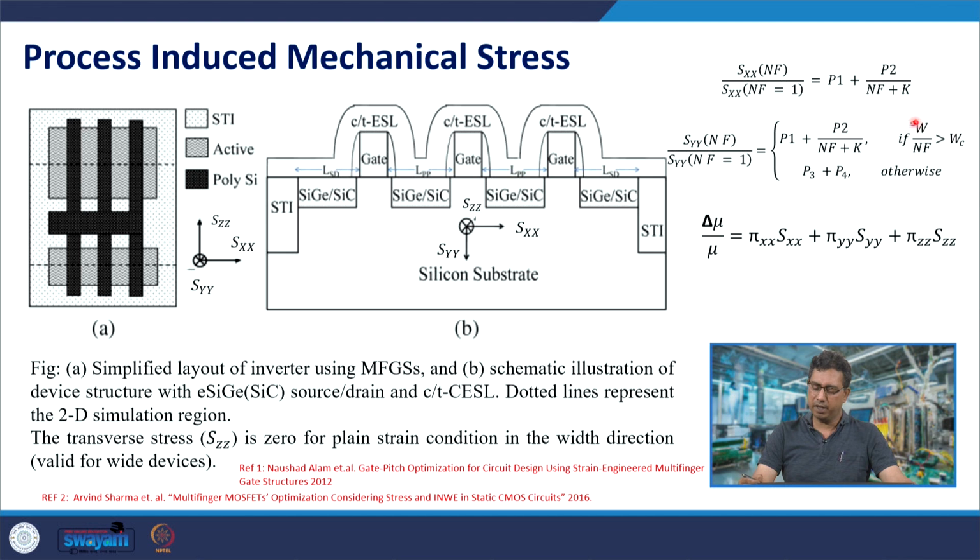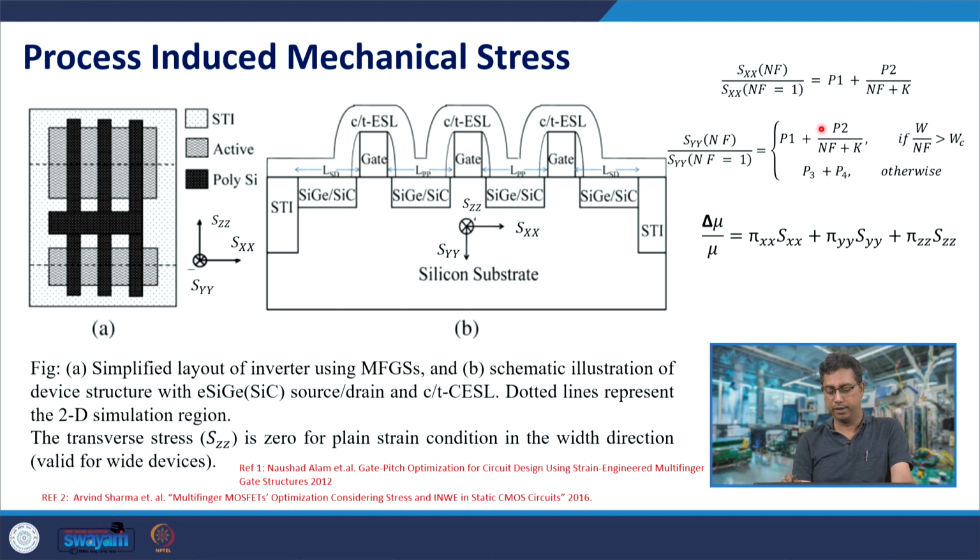But we would mostly be dealing with this for SYY also, because we are dealing with cases where the finger widths are not very large. So, say a standard cell scenario, the finger widths are not very large. Therefore, for us this is important. So this is the formula for relative stress, relative to the single finger case, for all the three components SXX, SYY and SZZ for us.